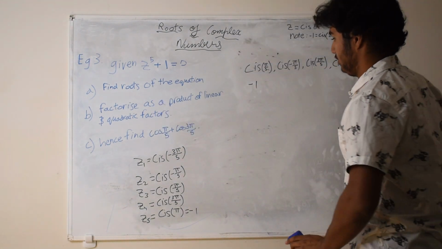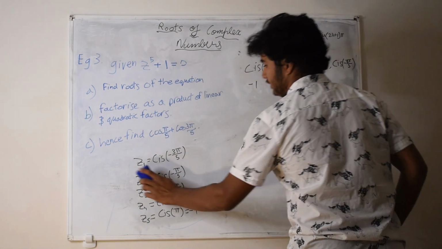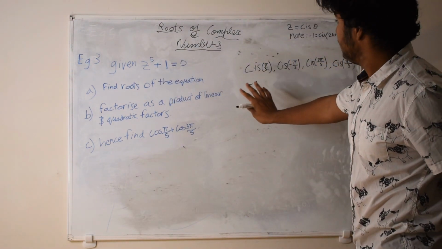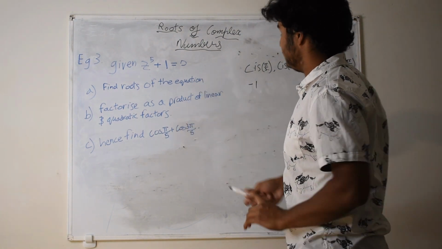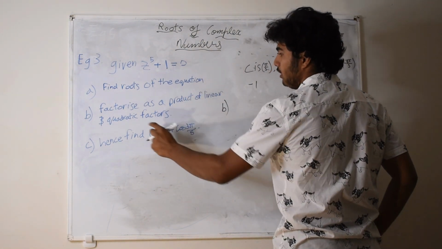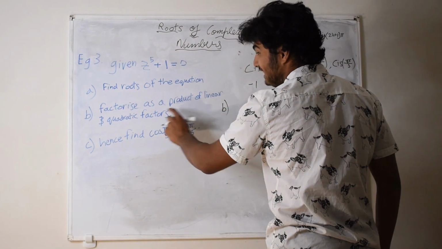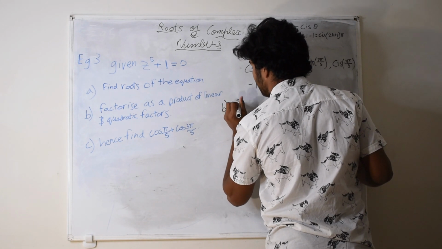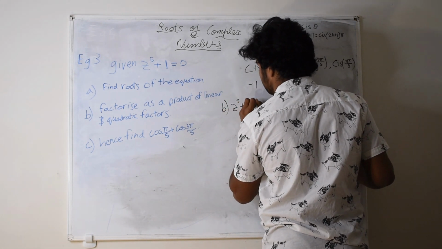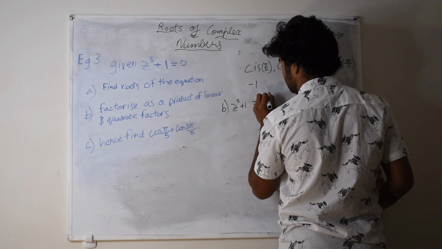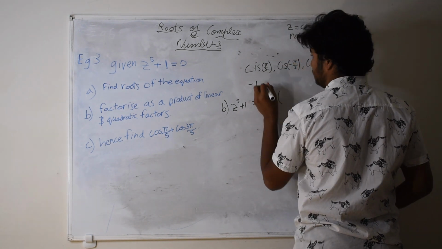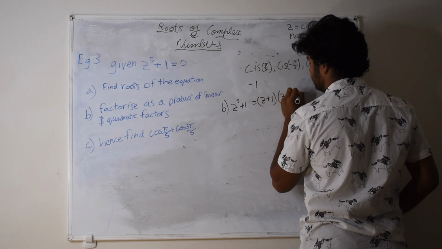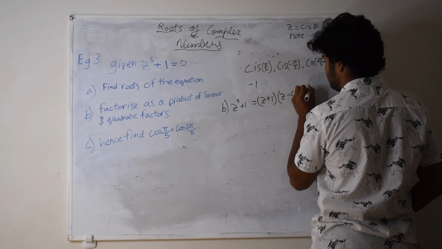Go on to B. We need these, so I'll just leave these over here, rub these out, and do B at the bottom right here. B, right here. Factorize as a product of linear and quadratic factors. We'll start with linear factors. Z to the power of 5 plus 1 equals z plus 1. First factor, this. Z minus cis pi on 5.